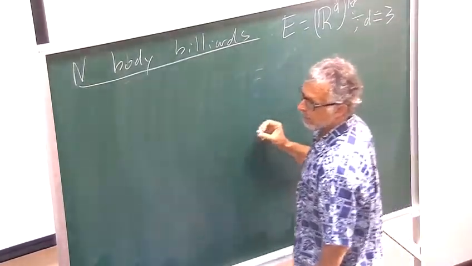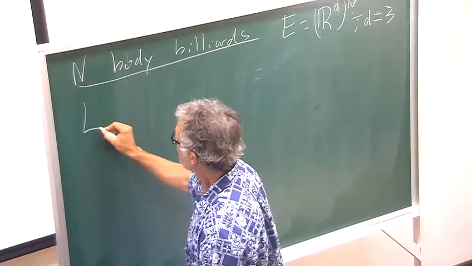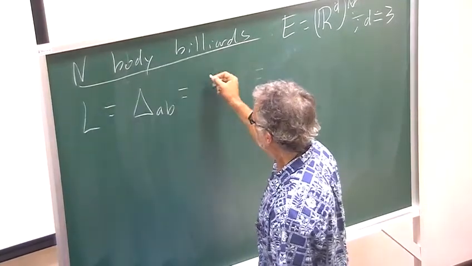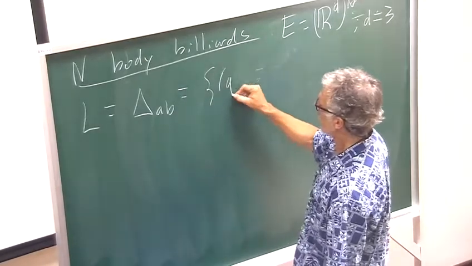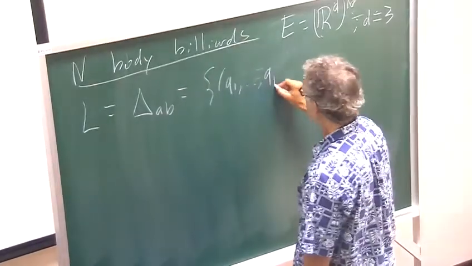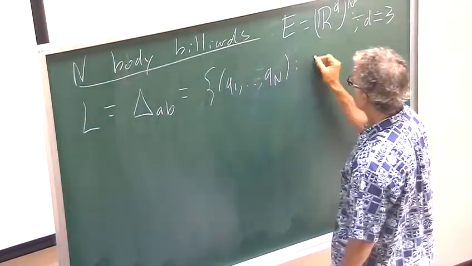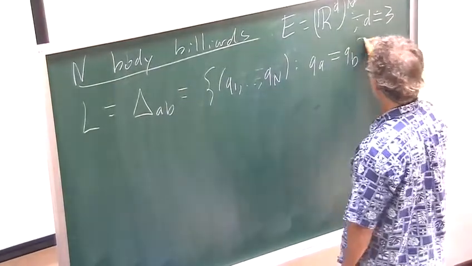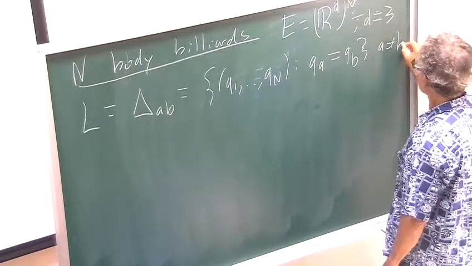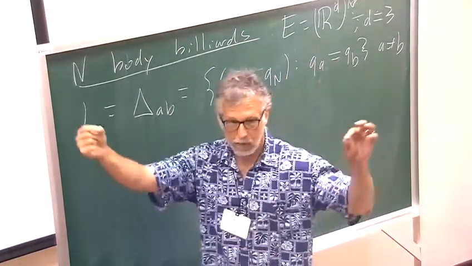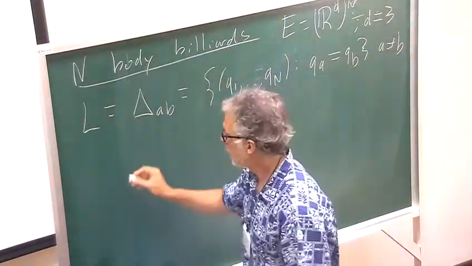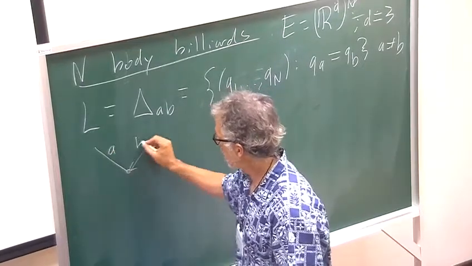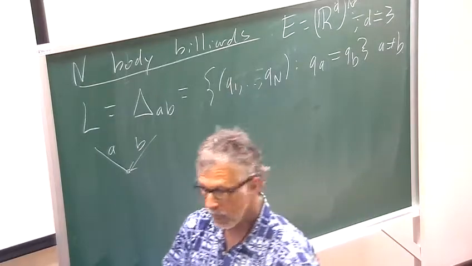And the L's, I call them delta AB. And there, 2 of the particles collide. So in terms of point particles moving, it's where 2 hit, so 2 of these guys hit each other. Okay?